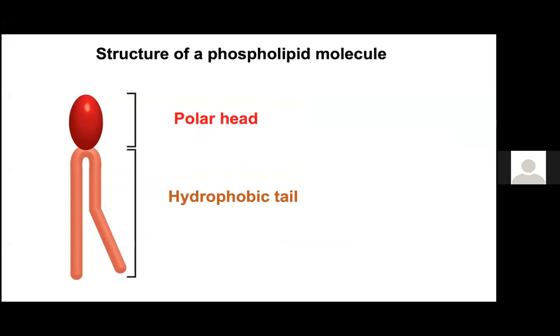This slide shows a schematic drawing of glycerophospholipid molecule. Roughly speaking, phospholipids are divided into two parts, polar head and hydrophobic tail.